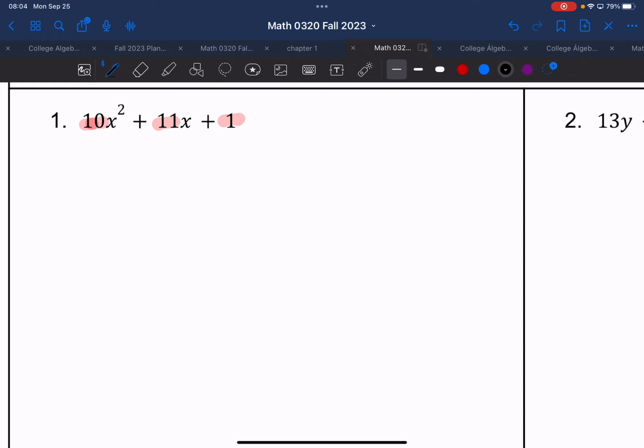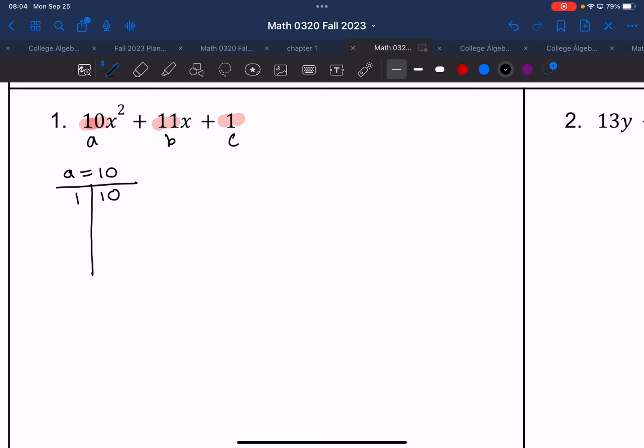Okay, so this is our A, B, and C. Now we're going to find all the factors that will multiply to 10. That's our A value, so A is equal to 10. We need all of our factors that will give us 10. For example, 1 times 10 will give us 10.